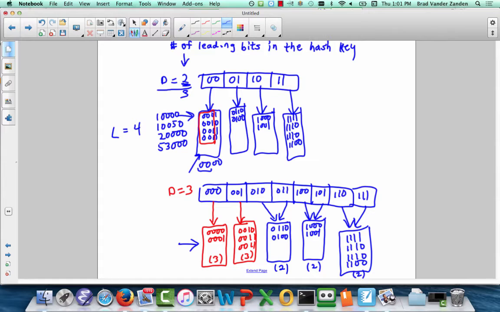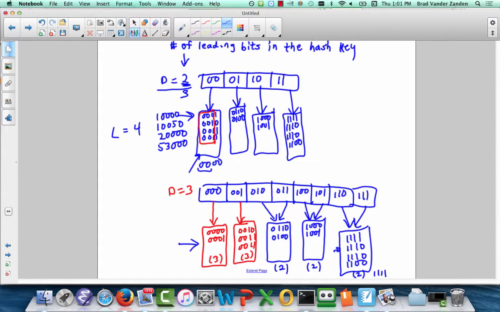Okay, so for example, we could add another key. Let's say we now add another one with 1, 1, 1, 1. That's going to cause this leaf to split, but it has a bit to spare.